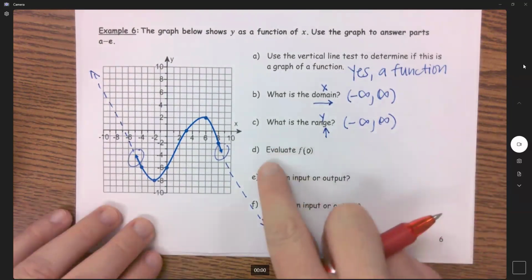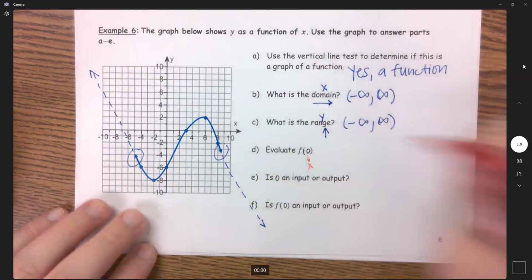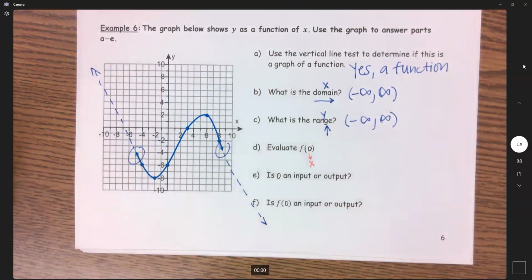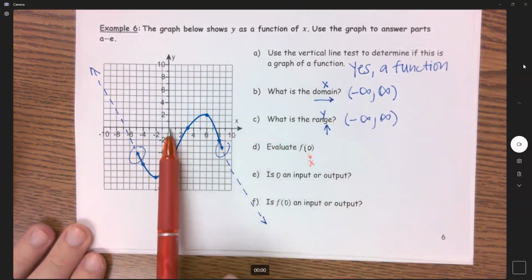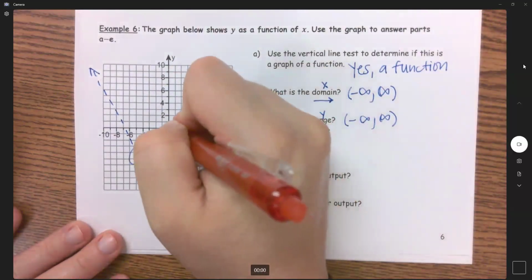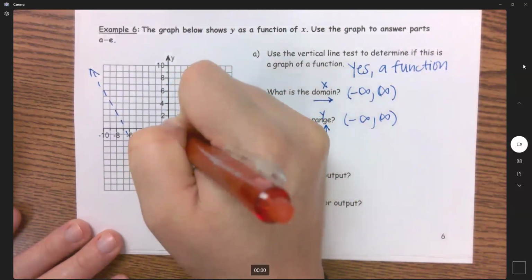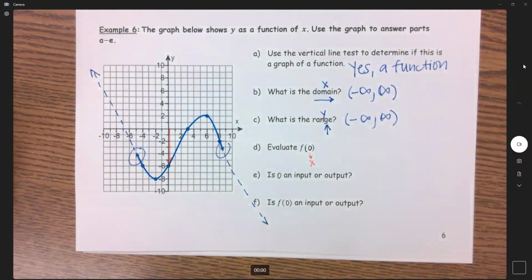Okay, so if I want to evaluate f of 0, this is representing my x. So go along your x-axis to when x is 0. I have no graph above it again, so we're going down below. There is my point. What is that y value when my x is 0?